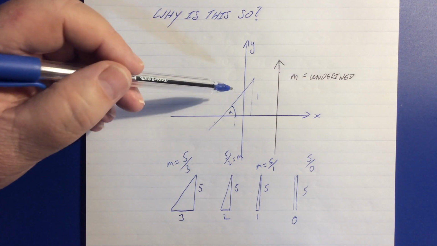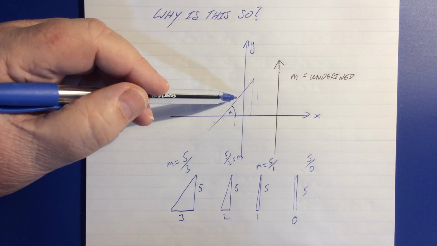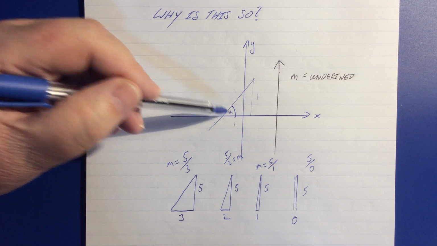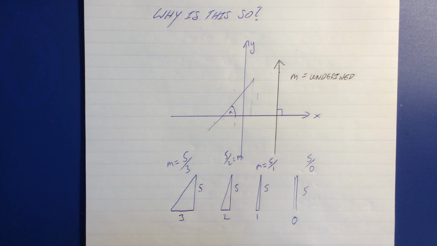Or the other way around, you have the gradient, which is the tangent, and you ask what angle that gives you. It's 45 degrees. Now, consider this. That's 90 degrees. Look that up if you can. It won't be in your tables.